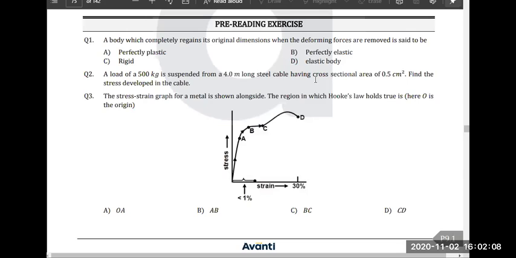Very good. Second one. Basic. Very easy. What's the answer? Everyone should solve. Step by step. Mass is given, length is given, cross-section area is given, right?